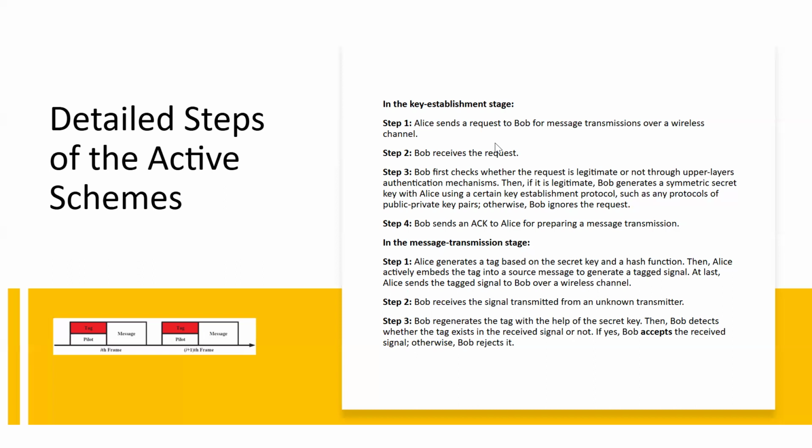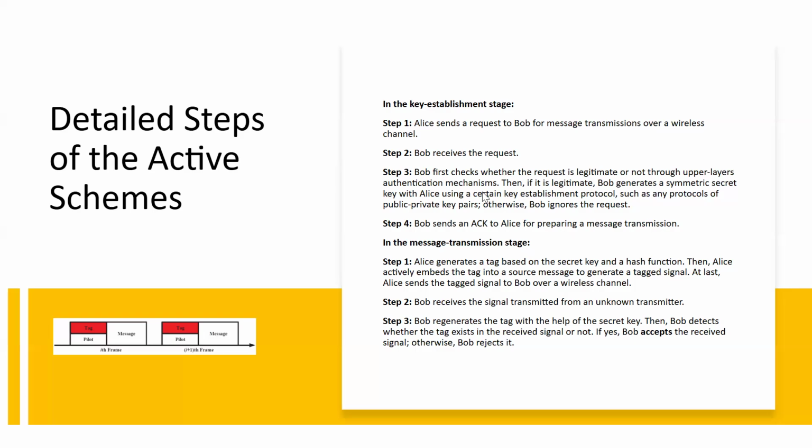Step 1, Alice sends a request to Bob for message transmission over a wireless channel. Alice just prepares a request and sends it to Bob. Bob receives the request and then checks whether the request is legitimate or not through an upper layers authentication mechanism.